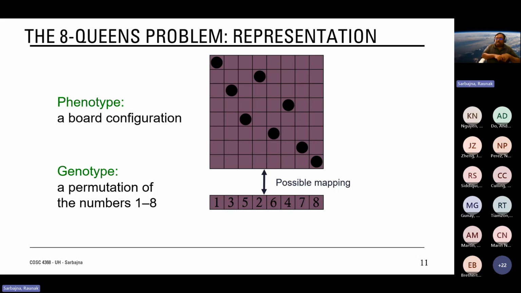What this has done is that all possible phenotypes have a representation in the genotype, and you have made this much simpler. This is something you can very easily use a genetic algorithm on.